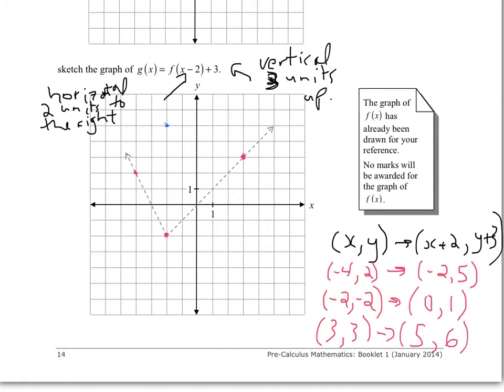So (-2, 5), then (0, 1), which is right here on the y-axis. And then (5, 6): 1, 2, 3, 4, 5 across, and up 6. So right here.